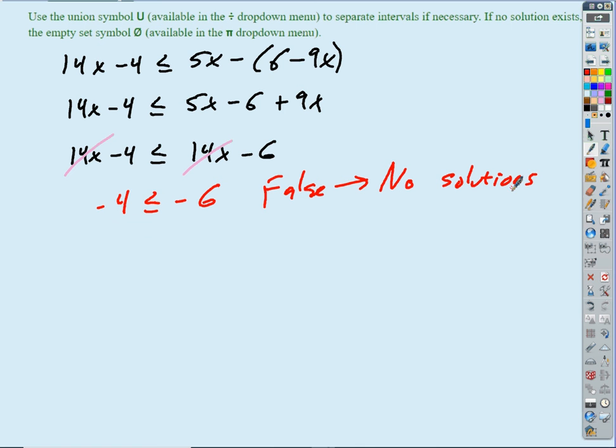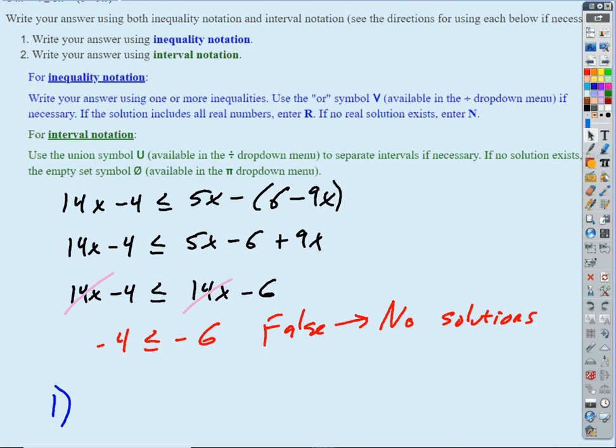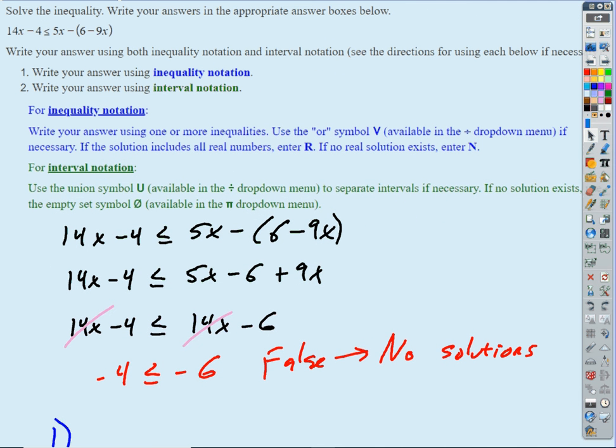So there's no solutions, right? So for part 1, if I'm using regular inequalities, there's no fancy way of saying that. We just put n for no solution.